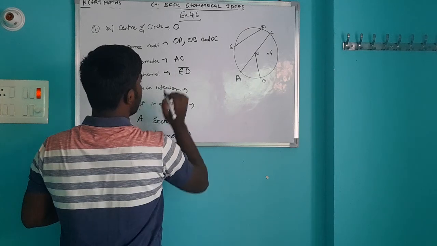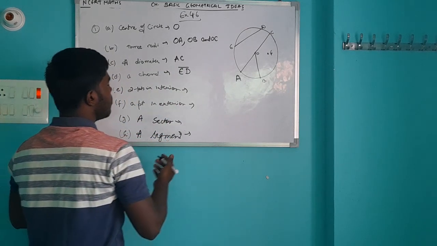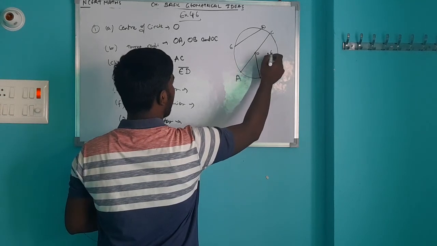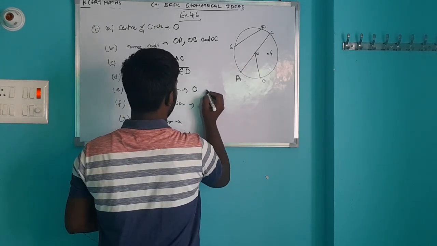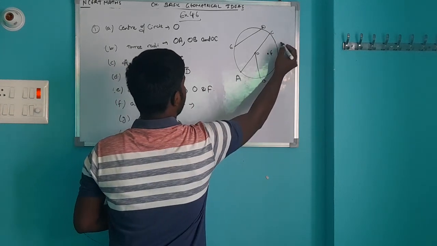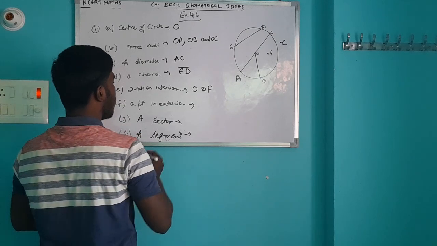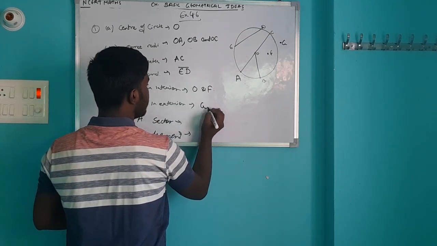Which will be a segment also. 2 points in interior. So the interior points are O and F. Here we have another point G. In F part we have a point in its exterior will be G.